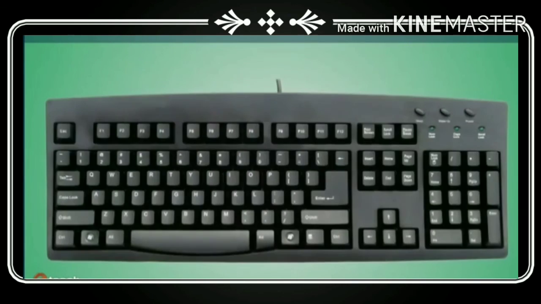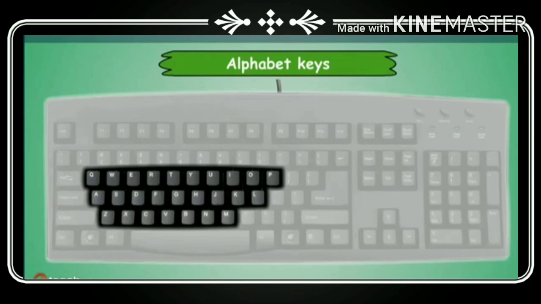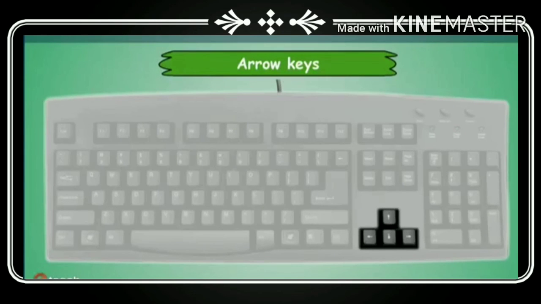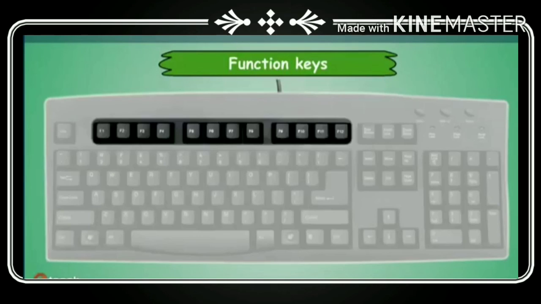Alphabet keys. You can type any letter of the alphabet using the alphabet keys. Number keys. You can type any number using the number keys. Arrow keys. You can use the arrow keys to move up and down, left and right on the screen. Function keys.